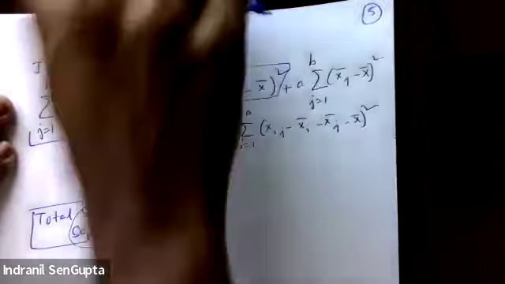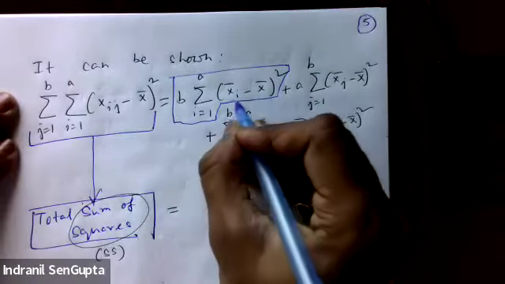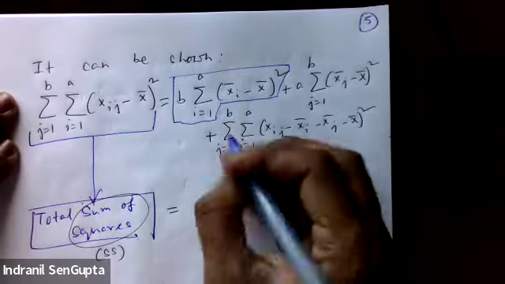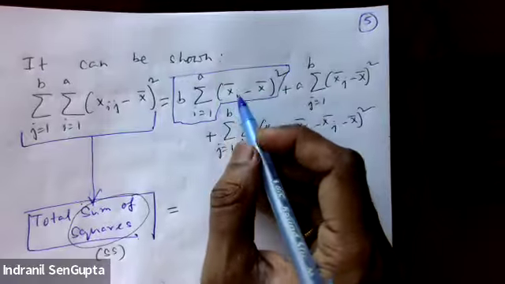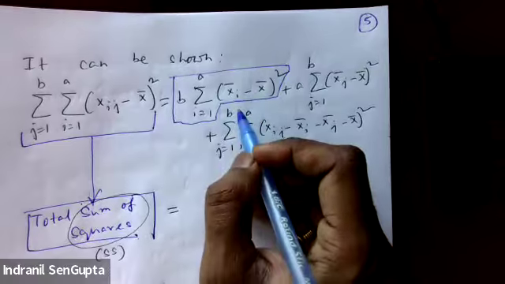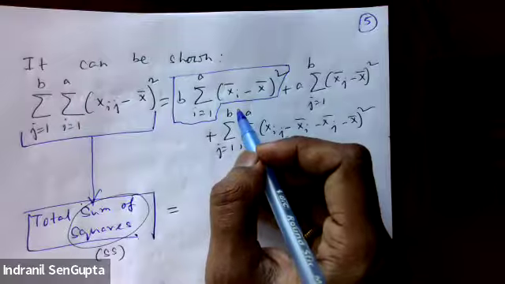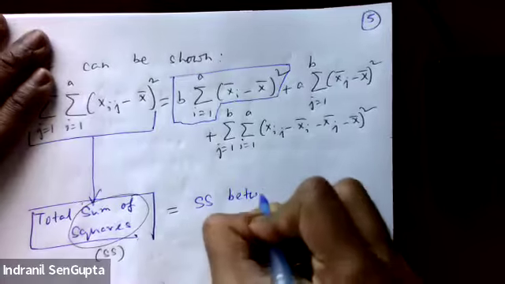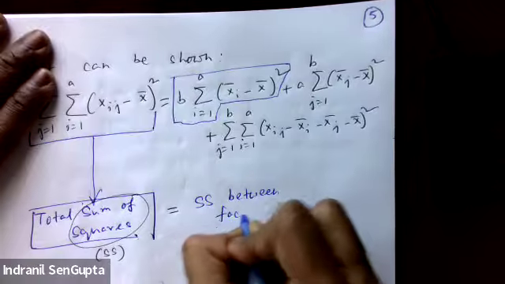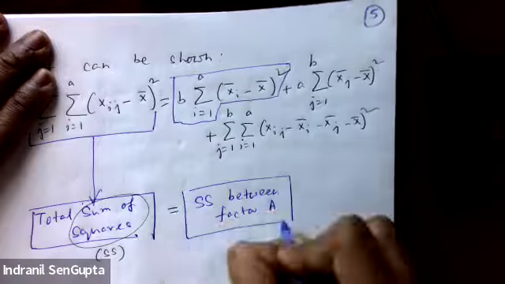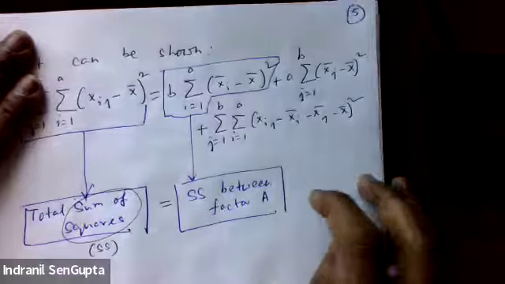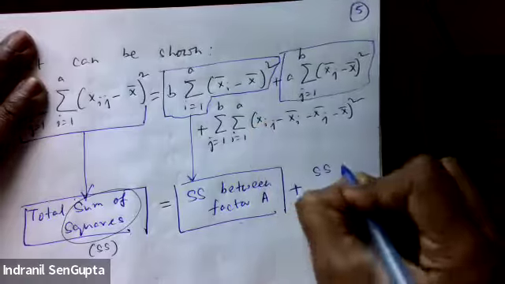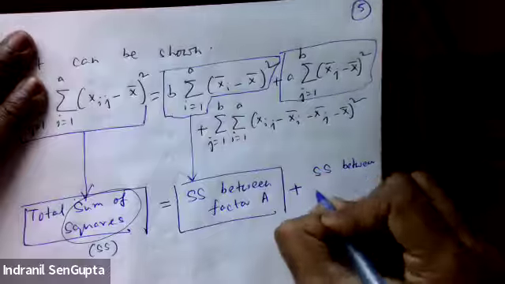So xi, i is the factor A, so if we have different i values, that means we are talking about different levels in A. So this is really SS between factor A, this quantity. And this one is SS, sum of squares, between factor B.